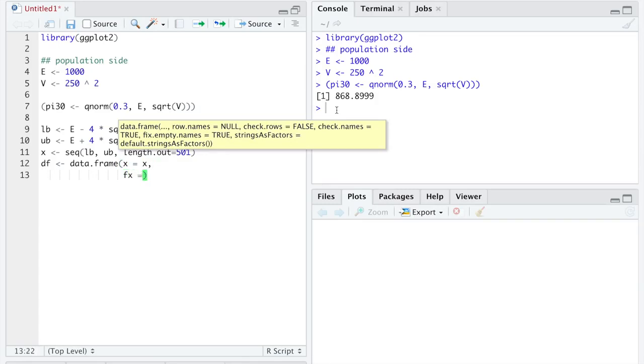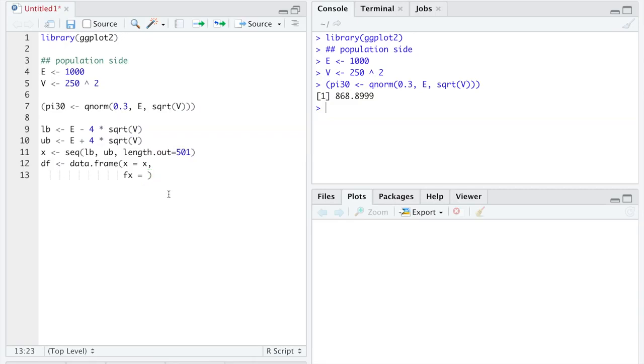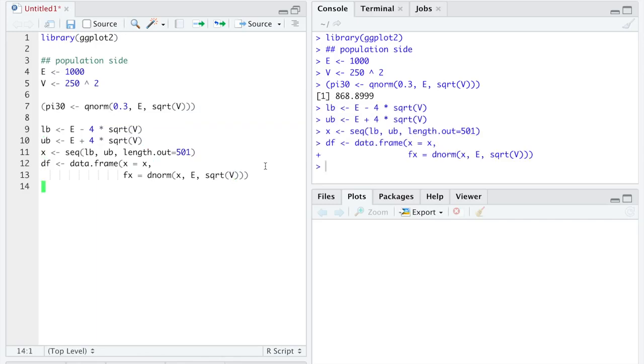Where we recall, since we're on the population side, we can pretend like we know the density function for the population to have mean E, 1,000, and standard deviation, the square root of V, or 250. Let's run all these to make sure there's no errors.